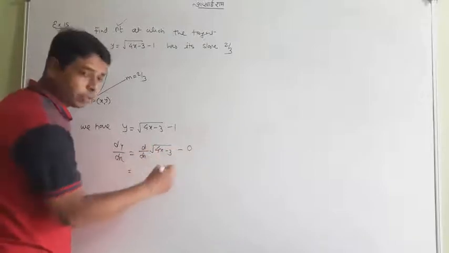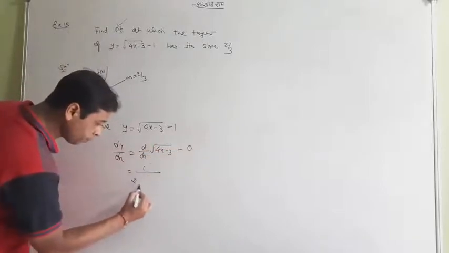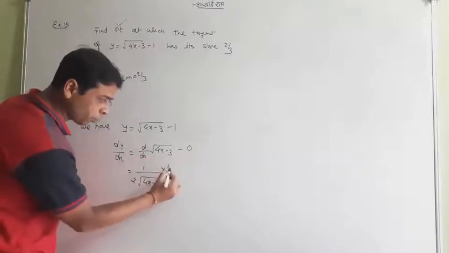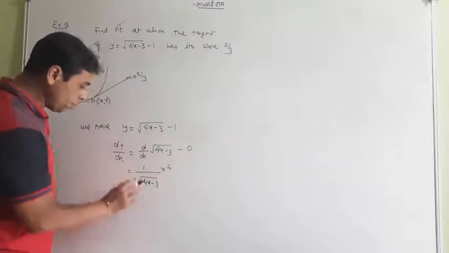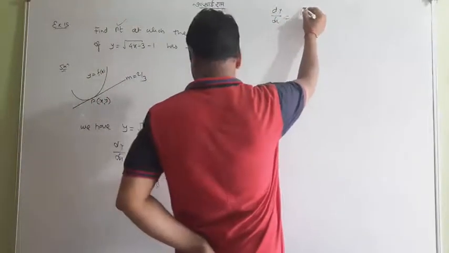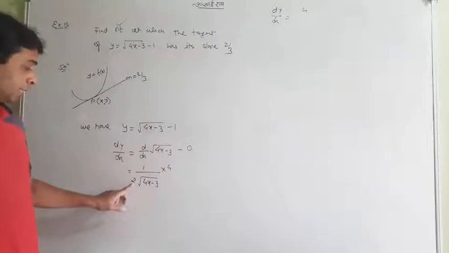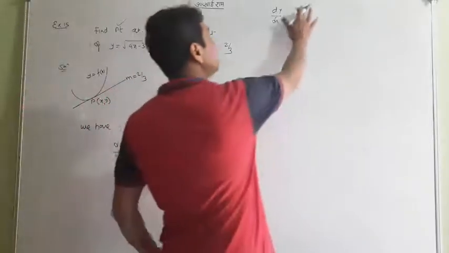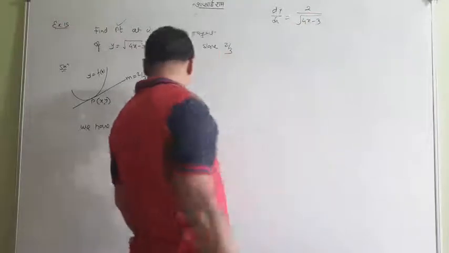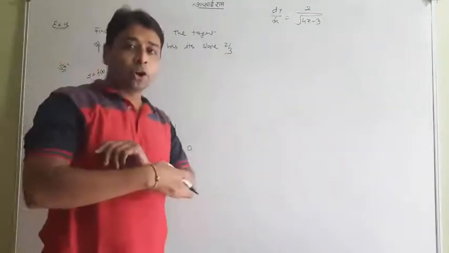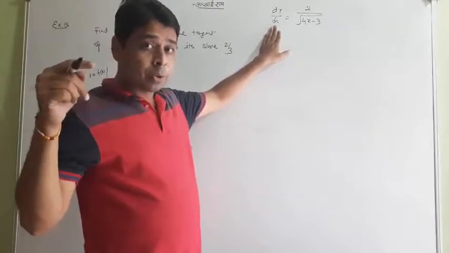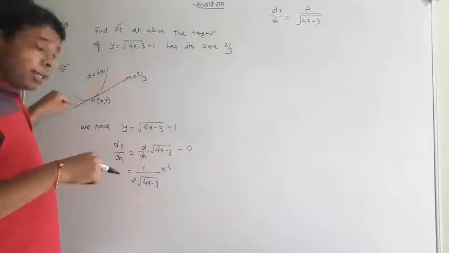So the differentiation of the square root is 1 by 2 into the same, and the differentiation of 4x is 4 and of 3 is 0. Whatever you got, this is dy by dx. Cancel 4 by 2, you will get 2 upon root of 4x minus 3.